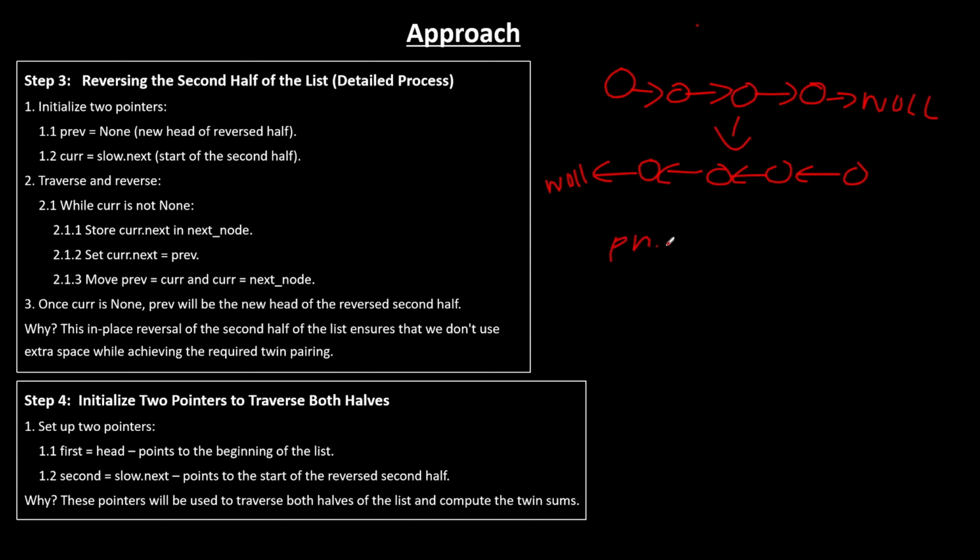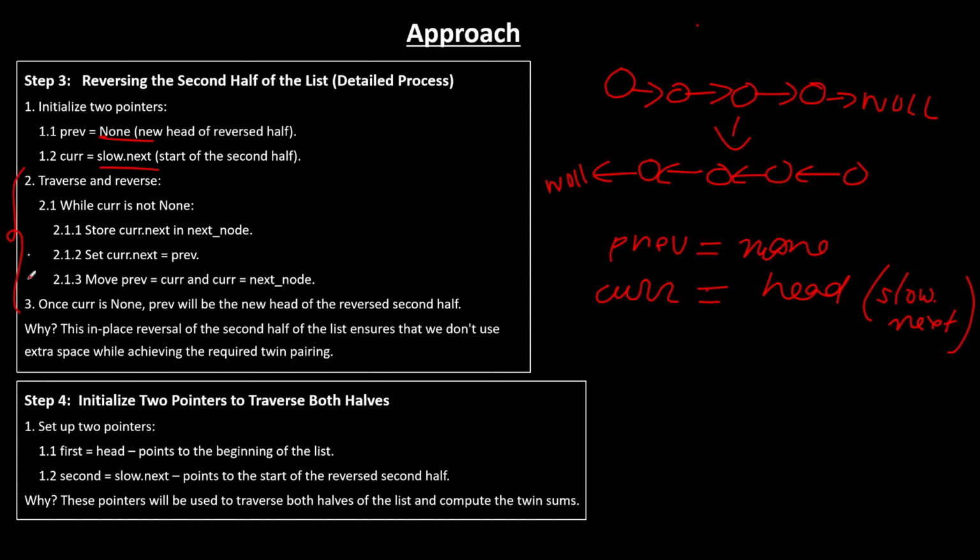We will have a previous pointer. We'll point it to None. Then we will have current. It will iterate the complete linked list. It will point to head, in this case, basically slow.next. Fine. Here it is written.